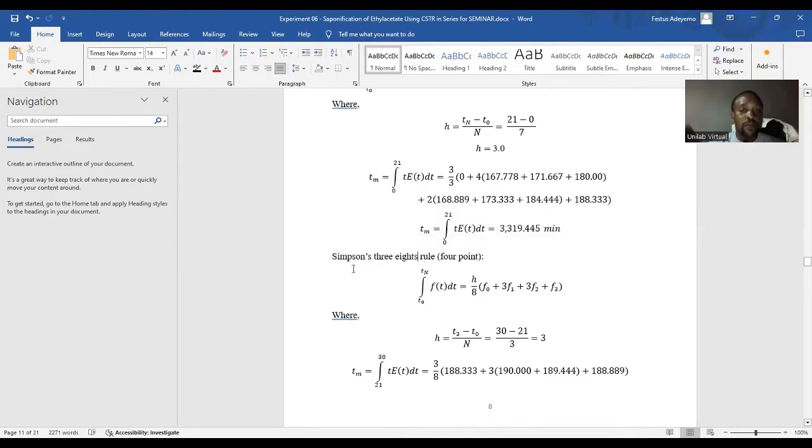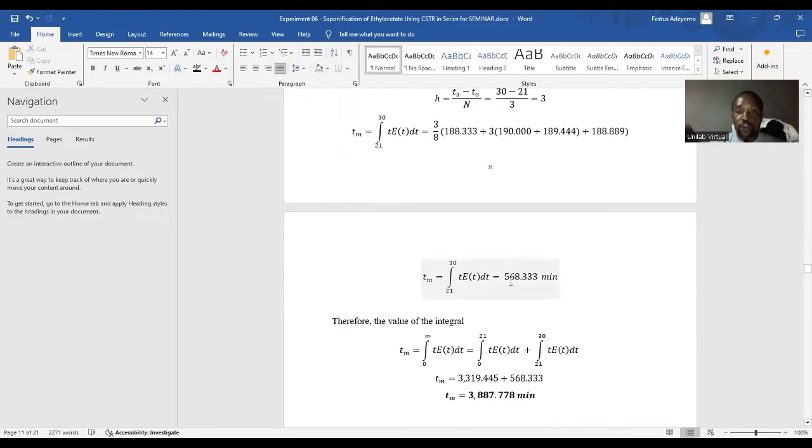Then moving to Simpson's 3/8 rule for 4 points, we compute the second segment and then we obtain Tm equals 568.33 minutes. Therefore, the value of the integral Tm is the addition of the two Tm's.